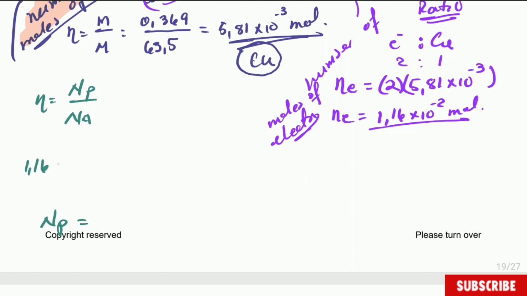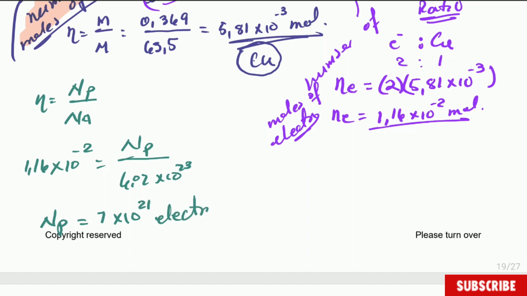It's 1,16 times 10 to the minus 2, equal to number of particles divided by 6,02 times 10 to the 23, which is given to you. And this will give you 7 times 10 to the 21. This is the number of electrons that were transferred during that specific process.